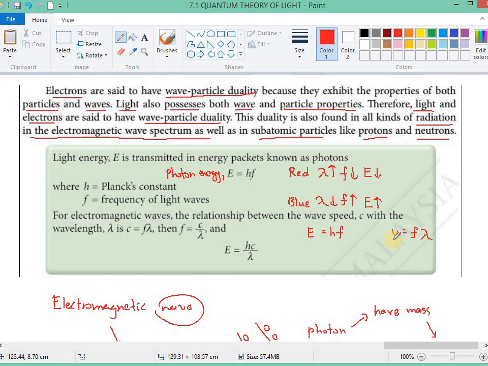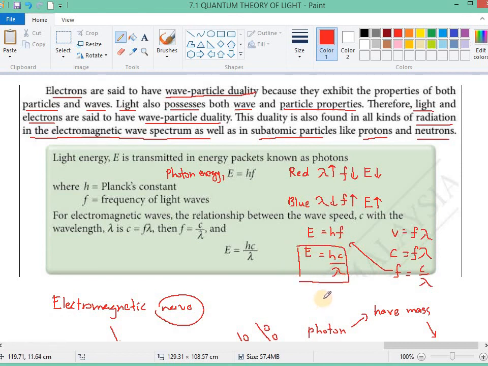So we can substitute this v with c, because the small c is the symbol for the speed of light. c equals f lambda, so frequency equals c over lambda. Just substitute this inside here, and then we get hc over lambda. Okay, we get this equation.